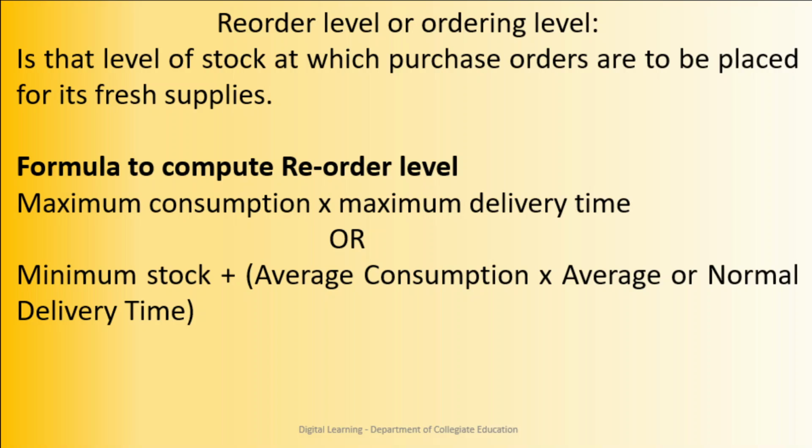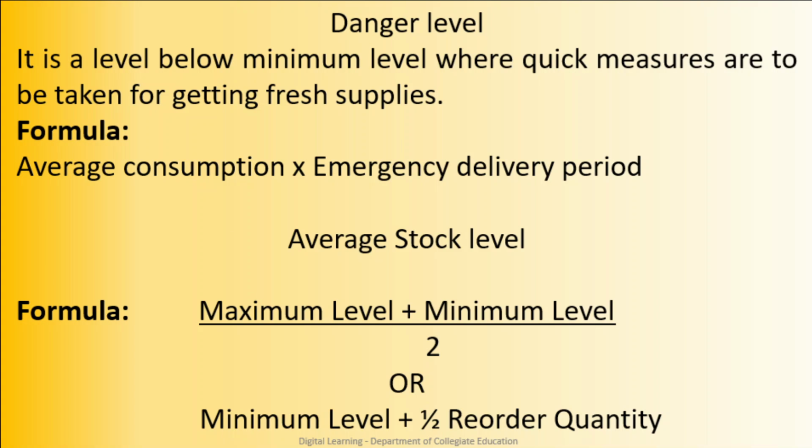What is the formula to compute reorder level? The formula states: maximum consumption into maximum delivery time, or minimum consumption plus average consumption into average or normal delivery time.